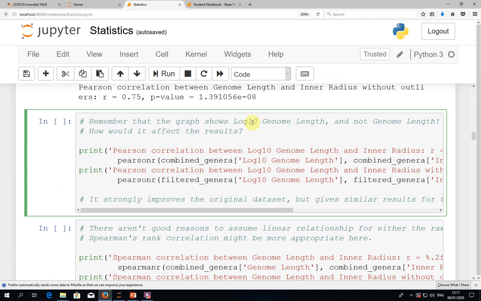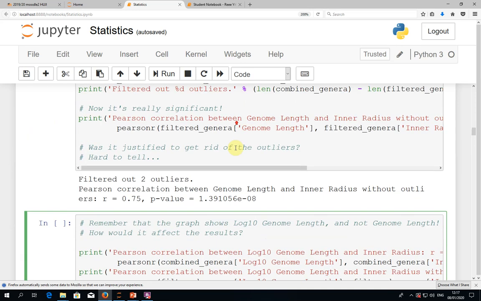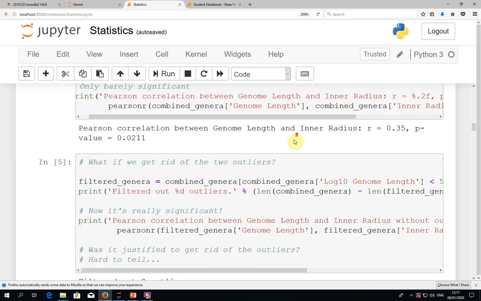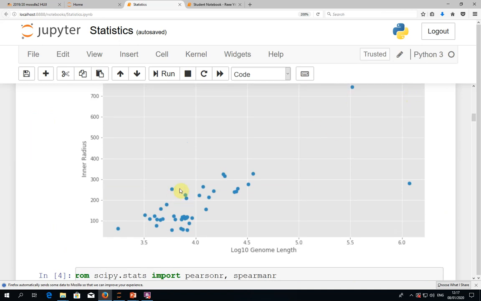Another way to approach this problem is a different way to approach that. So we saw that we could calculate the Pearson's correlation between the genome length and the inner radius. But what we see here, again, it's not the genome length, it's the log of the genome length.